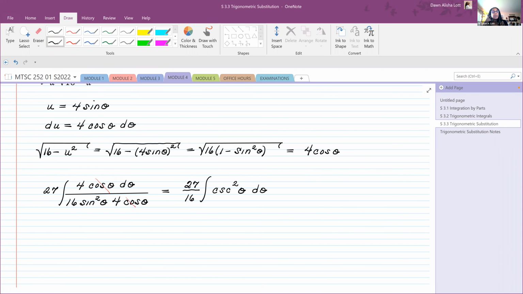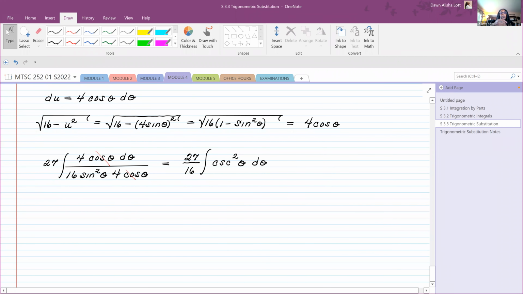How do you integrate cosecant squared? The cotangent. Okay.